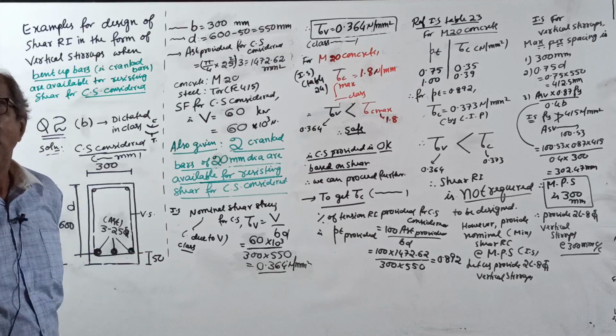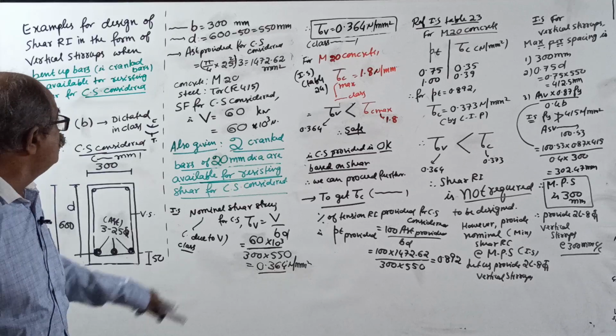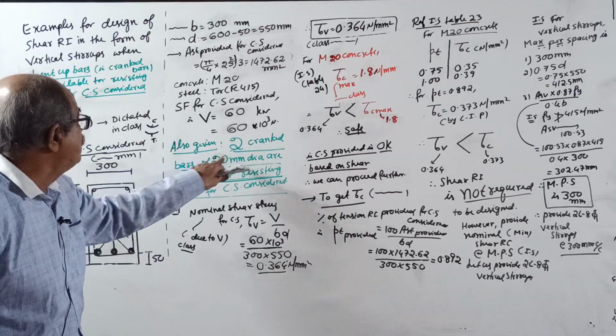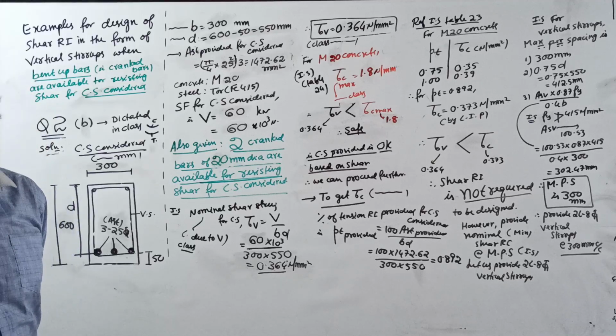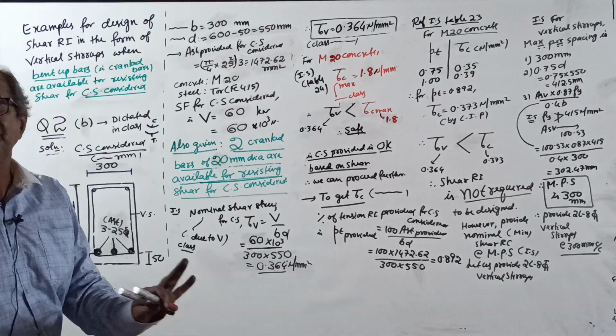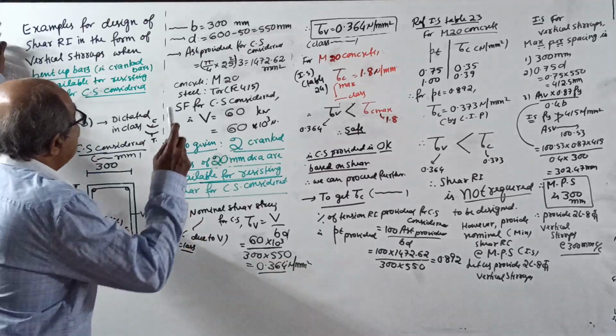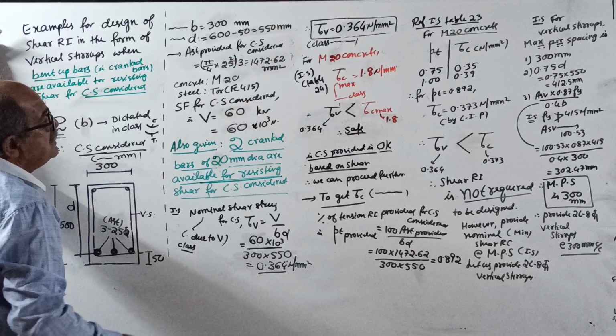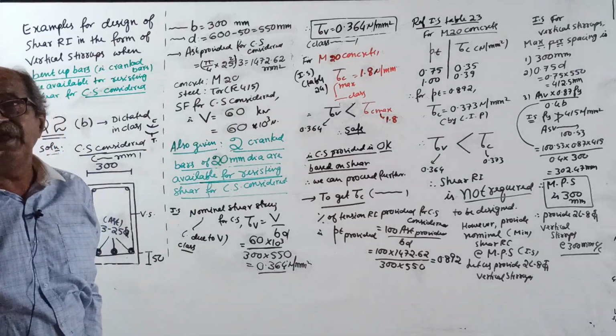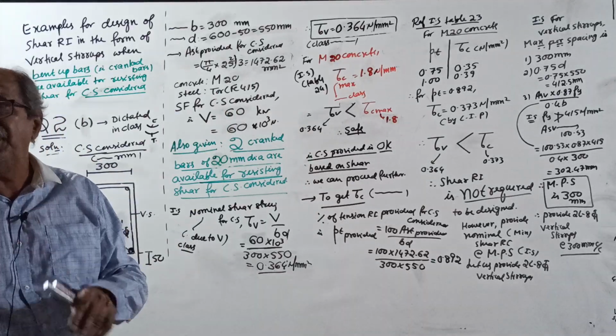Also, 2 cranked bars of 20 mm diameter are available for resisting shear for the cross section considered. Taking M20 concrete and Fe415 grade steel, design shear reinforcement in the form of vertical stirrups.